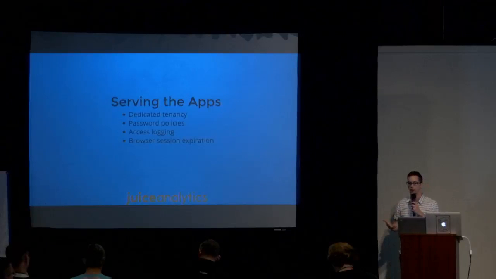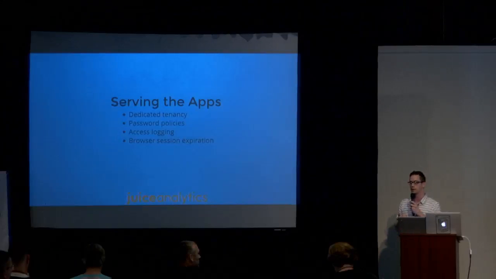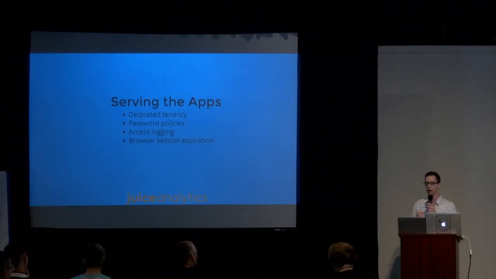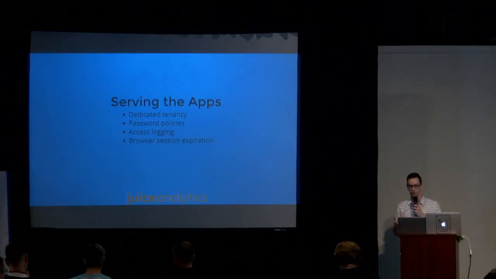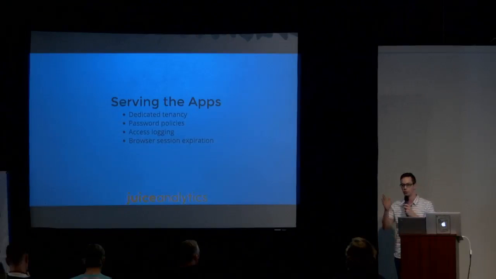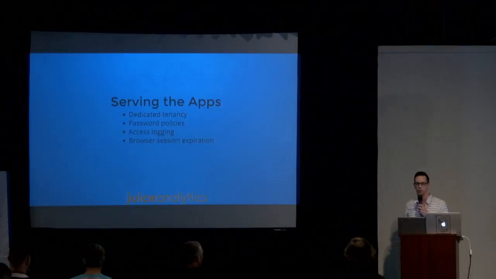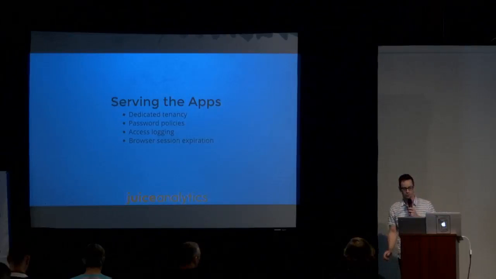So when they load the app, any access to an app that contains any PHI data is required to be logged. So we log the user, the IP, and what they're looking at when they looked at it, that kind of thing. And we also do a browser session expiration. So if a user walks away from their computer, we can expire the session on the front end, so people don't scroll through the data in the browser.